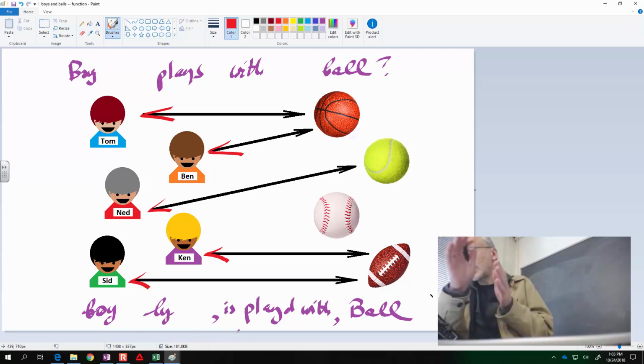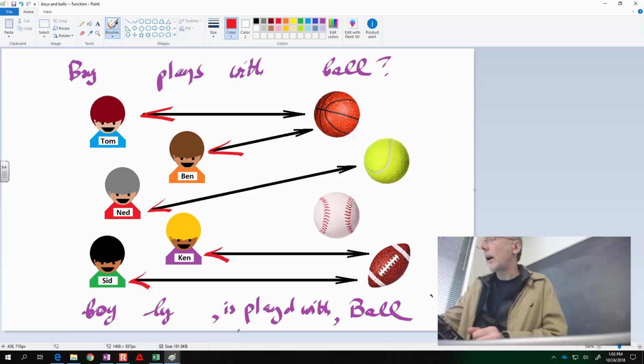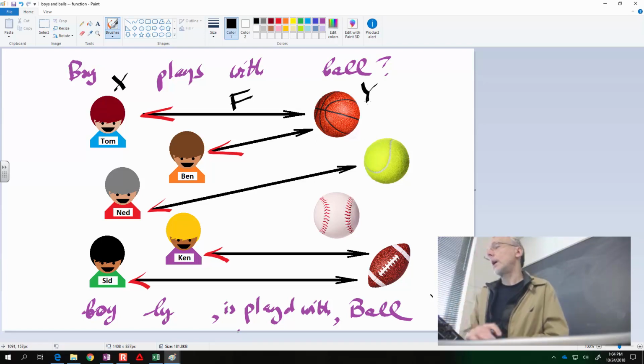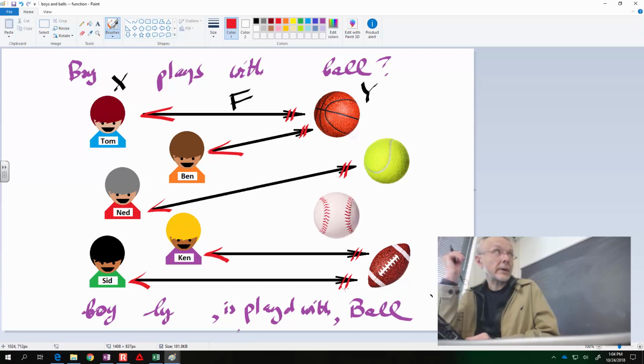That doesn't change. But the function that we started with, let's say this one, f, from boys set X to set Y of balls. Now I want to go backwards and ask myself, what is the opposite relation?